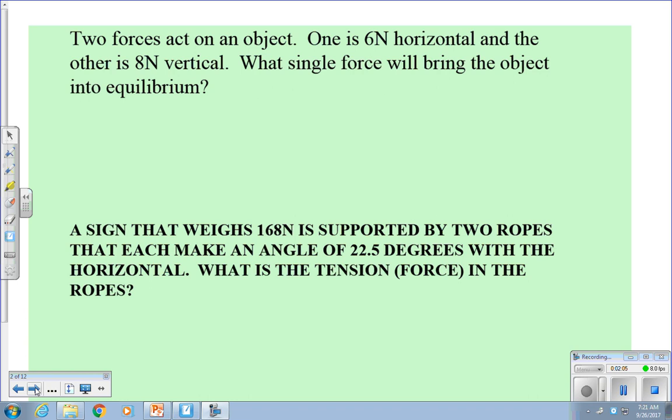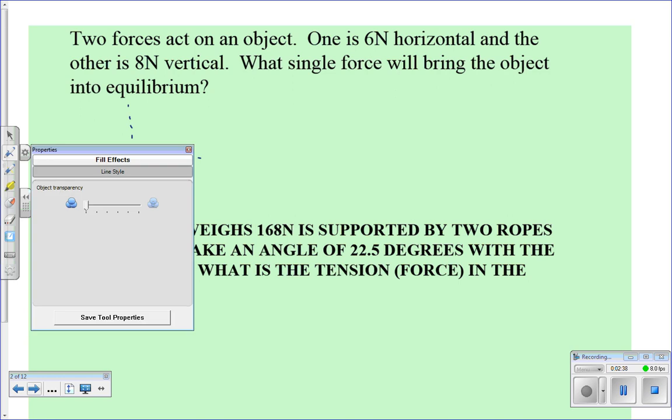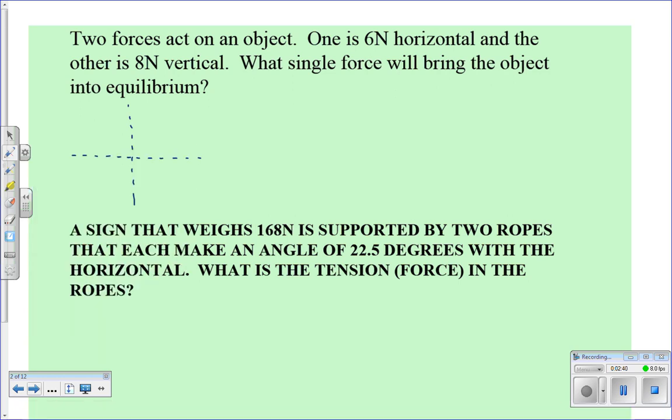Here's a couple example problems. Again, we'll work these in class, but I'm going to go ahead and show you how that works with the diagram. So two forces act on an object. One is 6 newtons horizontal, the other is 8 newtons vertical. What single force will bring the object into equilibrium? So you would draw your coordinate plane, and you have a 6 Newton force horizontally.